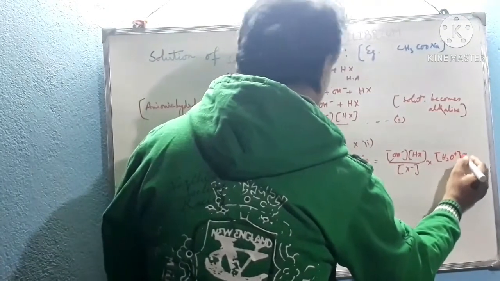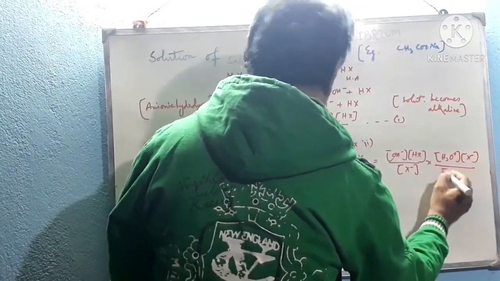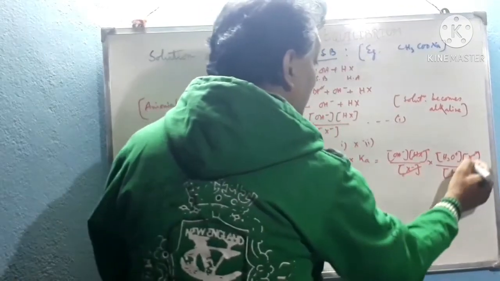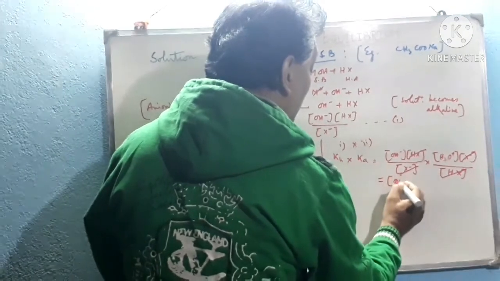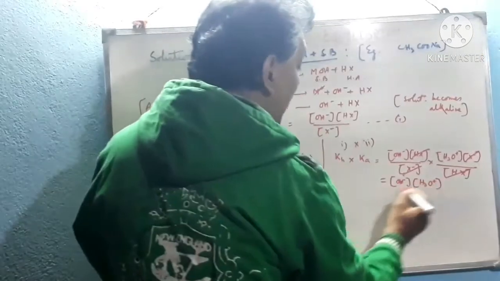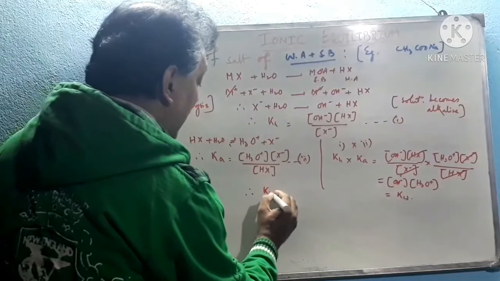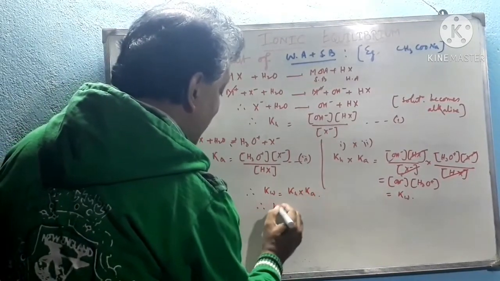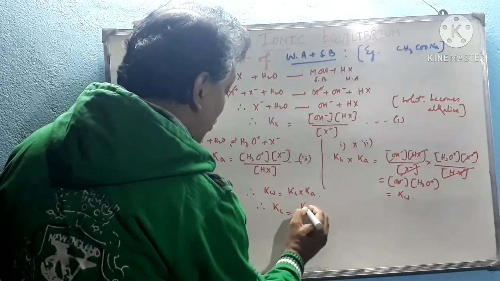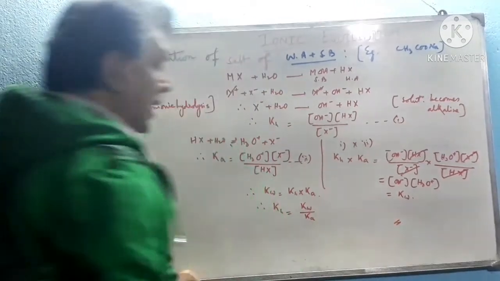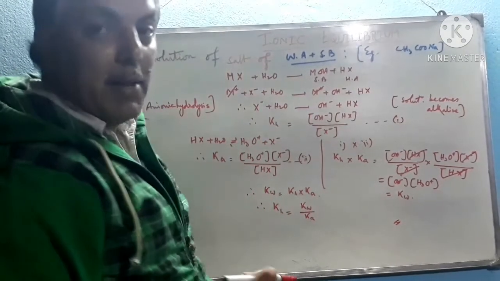So HX can be cancelled, X⁻ also can be cancelled, so it becomes the product of the concentrations of OH⁻ and H3O⁺, and we know that this product is Kw. Therefore Kw = Kh into Ka. Therefore from this expression, Kh = Kw/Ka.